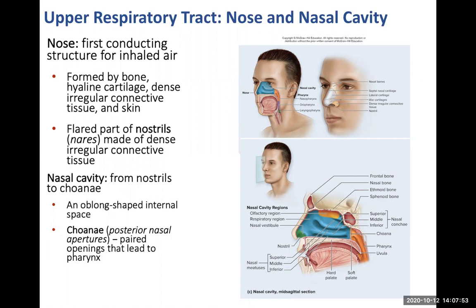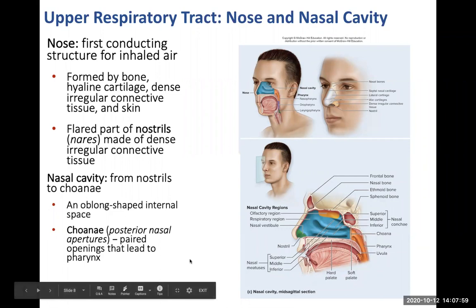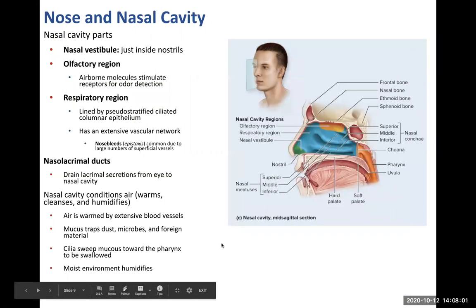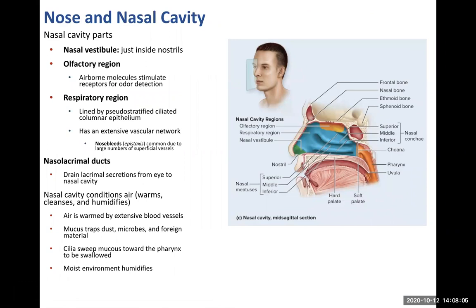We also find hairs within the nasal cavity that help to filter out particulate matter. Then there are other features of the nasal cavity I want you to be familiar with. I already mentioned that the nasal cavity is lined with olfactory epithelial tissue, and that plays an incredibly important role in both smell and ultimately taste as well.